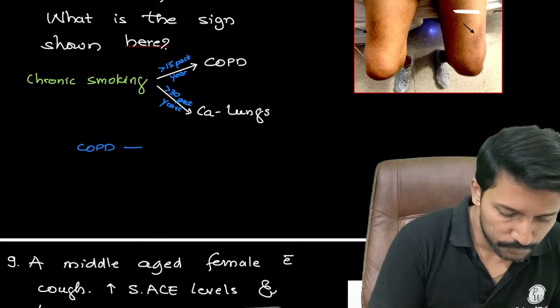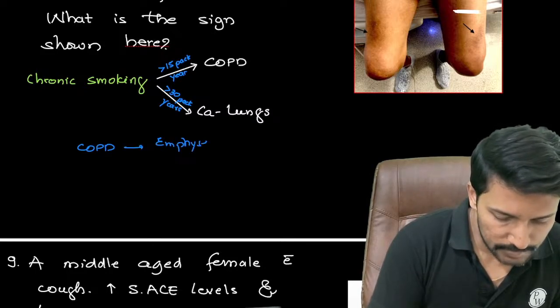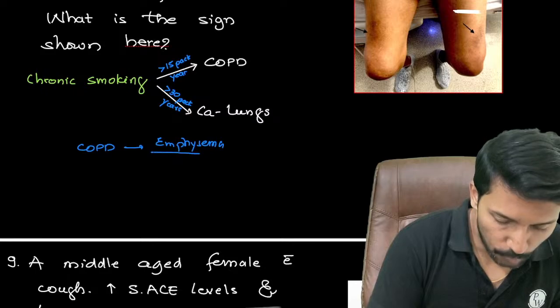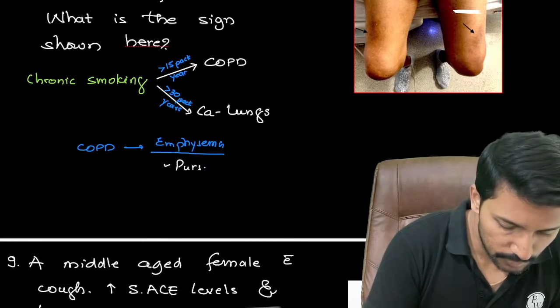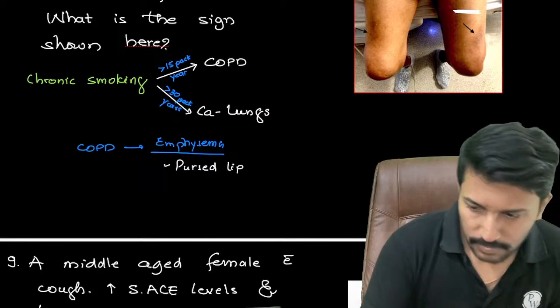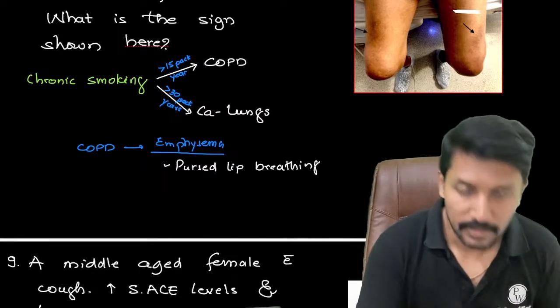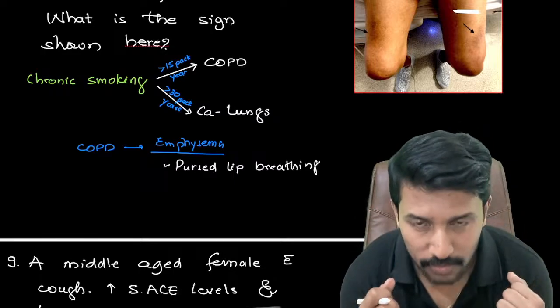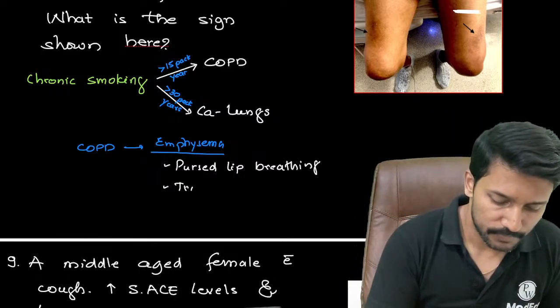COPD leads to emphysema, and these emphysema patients often have pursed lip breathing, and this position where they are resting their elbows on their thighs and leaning forward is called the tripod position.